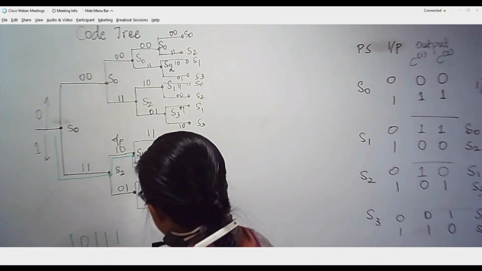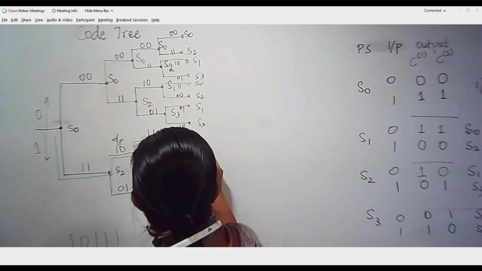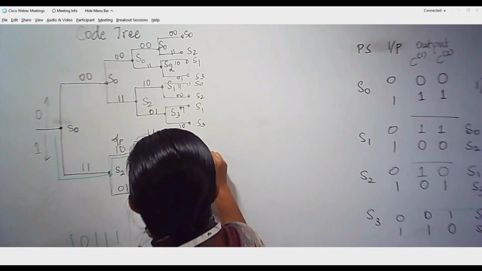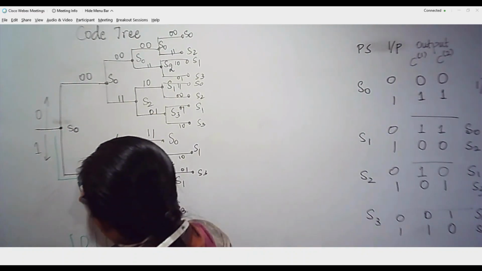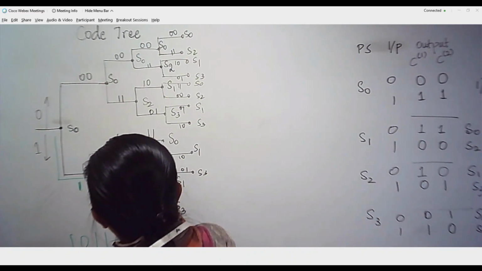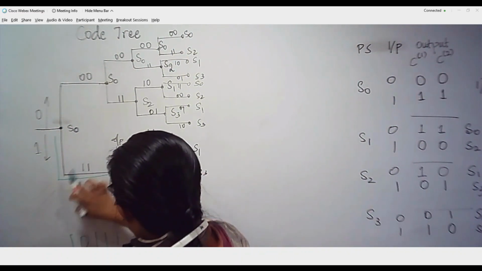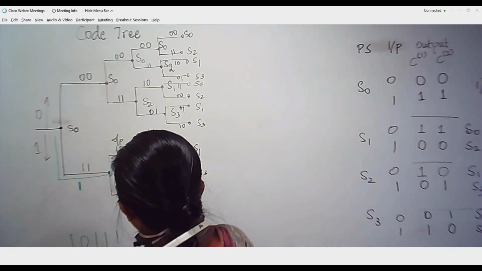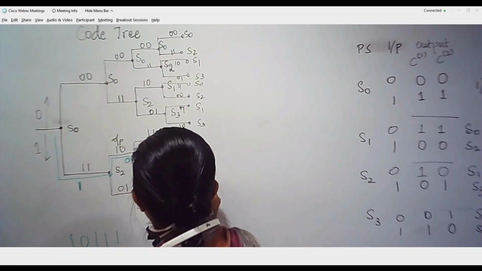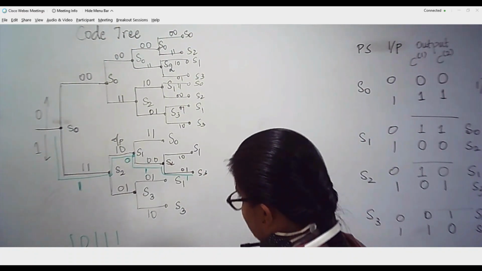Again I need to split this S2. From S2 I can go to either S1 or S3 with the outputs 1, 0 and 0, 1. Here also, this is the transition for the input 0, and this is the transition for the input 1. Again the transition for input 1 will get me to the state S3.